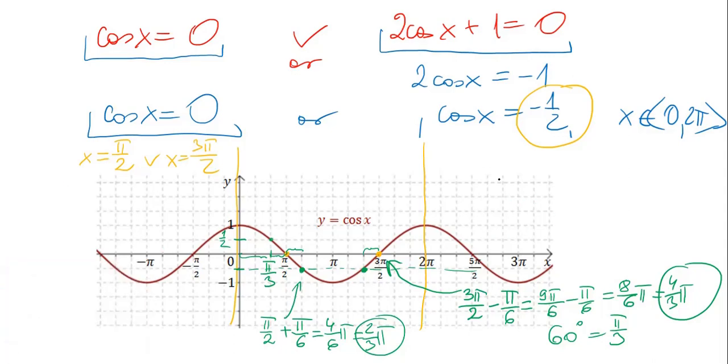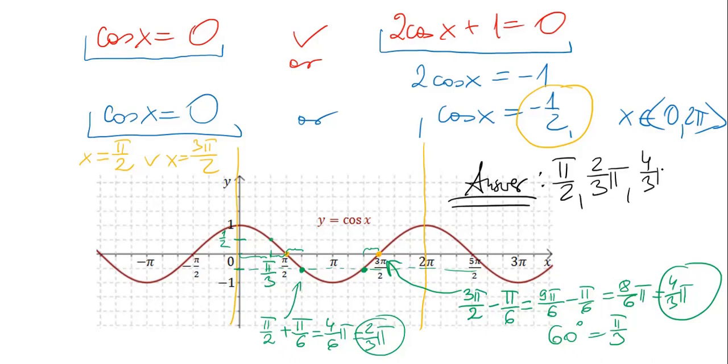So let's write the answer. Okay, just all together. So the answer to our equation, we have 4 answers, right? Between 0 and 2 pi. So let me write all of them. Pi over 2, then 2 over 3 pi, then we will have 4/3 pi.